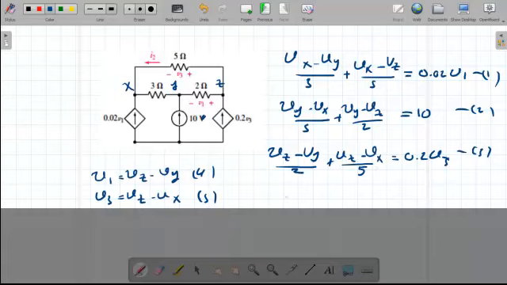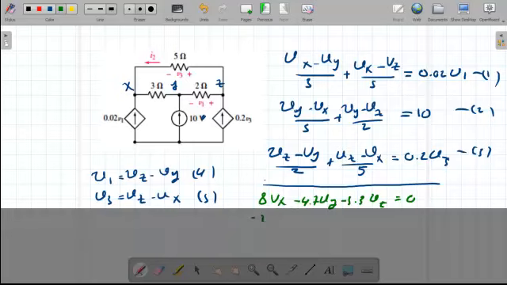Okay, so I will get 3 equations. The first is 8 Vx minus 4.7 Vy minus 3.3 Vz equal 0. The second one, minus Vx plus 5 Vy minus 3 Vz will equal 60.